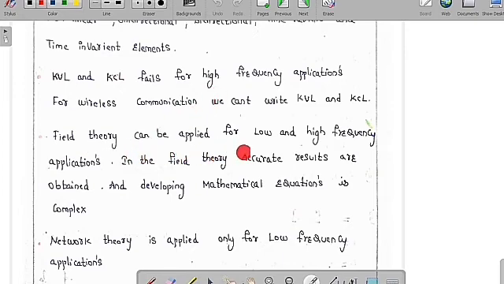Field theory can be applied for low frequency and high frequency applications. In field theory, accurate results are obtained, but developing the mathematical equations is very complex.